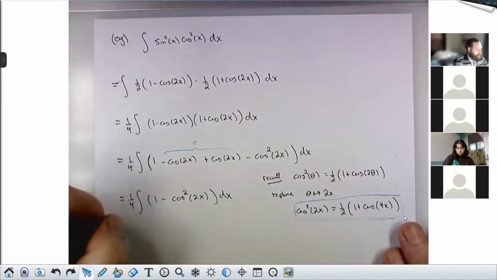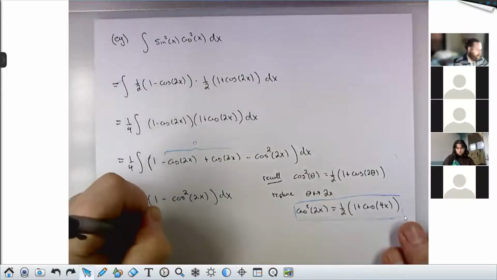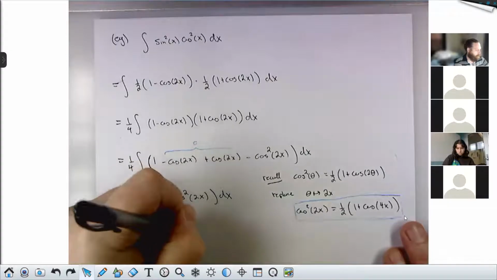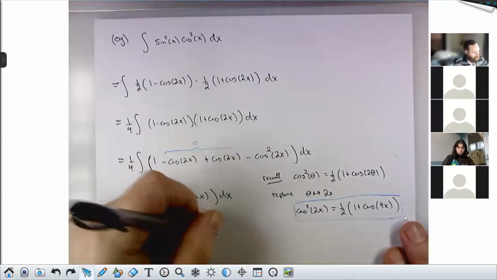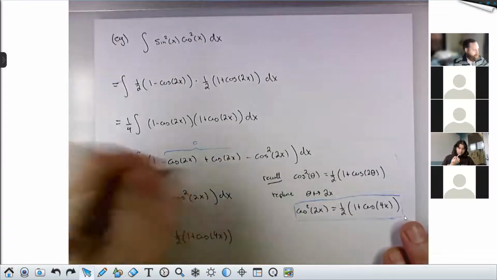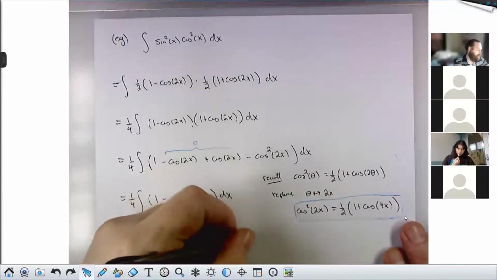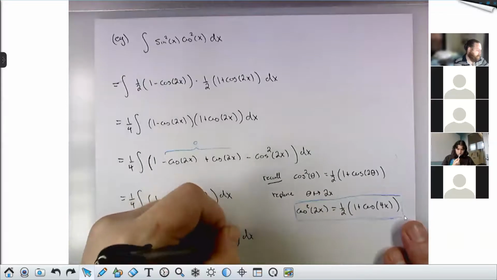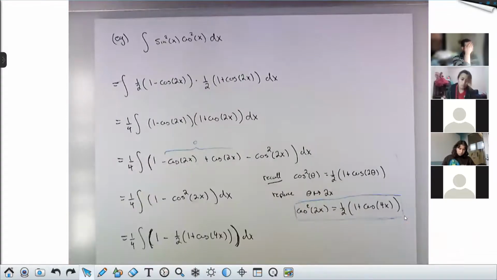So I'm going to plug that in, and I get the integral of 1 minus 1/2 times 1 plus cosine of 4x, close parentheses, dx. I'm going to distribute that 1/2 and combine the constant terms.